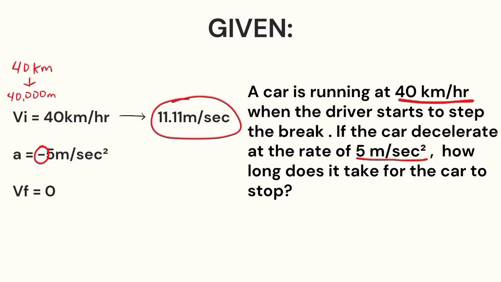As we can see in the givens, the unit of our initial velocity is kilometers per hour, so what we need to do is convert it into meters per second. 40 kilometers is equal to 40,000 meters, and 1 hour is equal to 3,600 seconds.